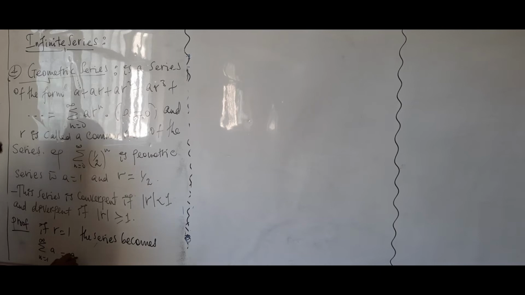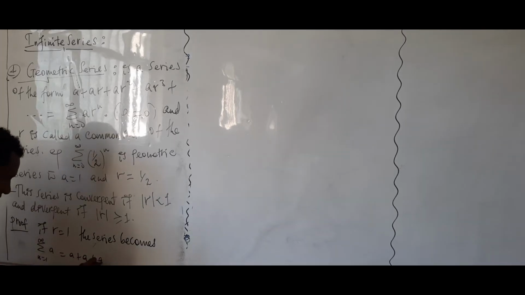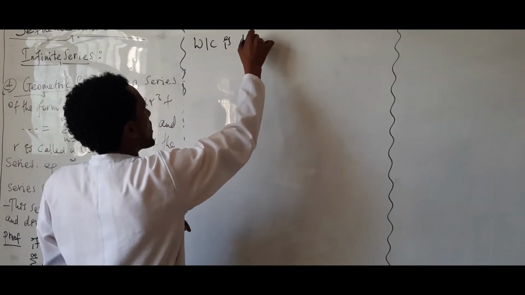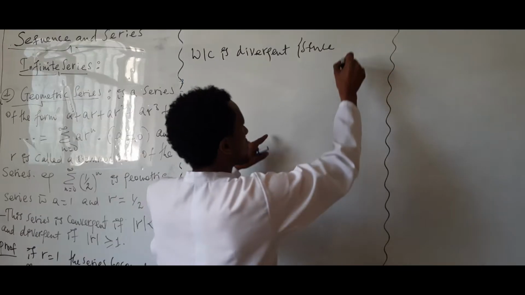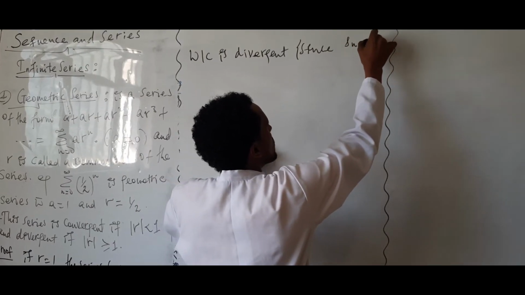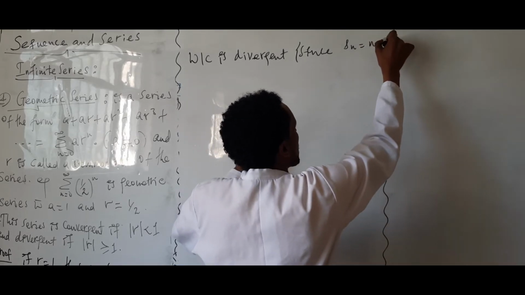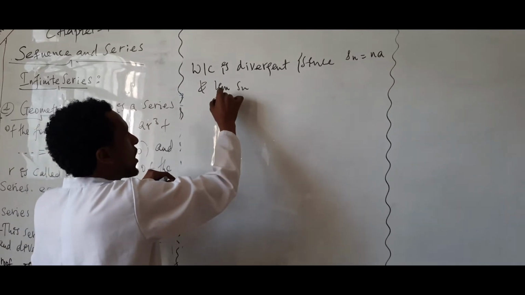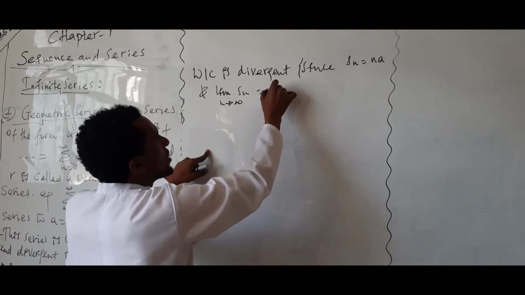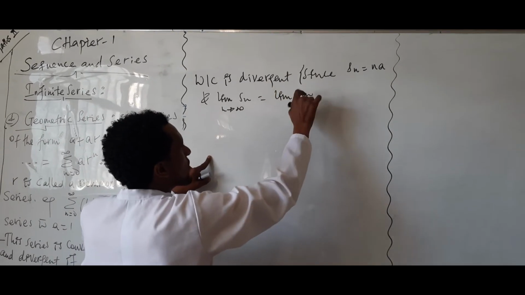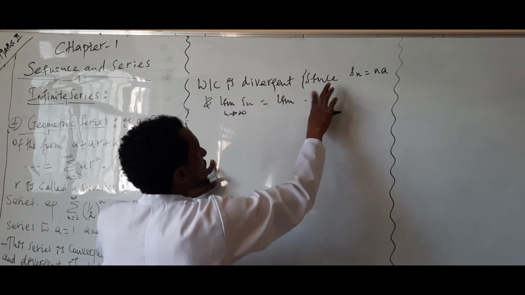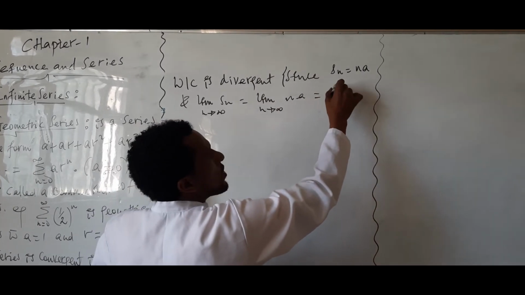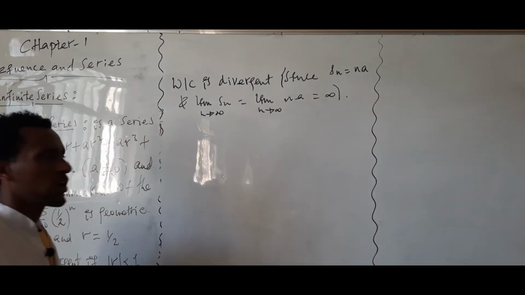That is equal to a plus a plus a plus and so on, which is divergent, since Sn is equal to n times a, and the limit of Sn as n goes to infinity is the limit of n times a, which is equal to infinity.